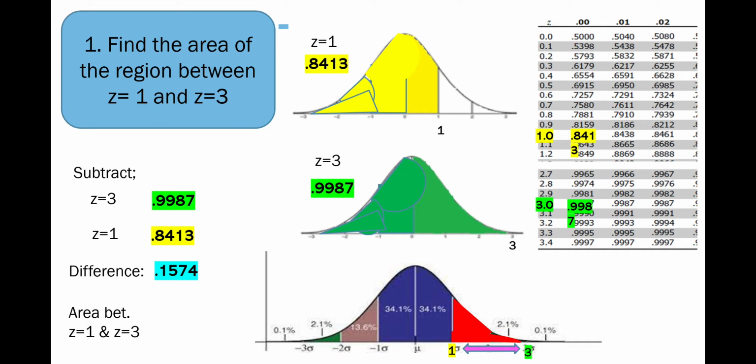Therefore, the area between z equal to 1 and z equal to 3 is 15.74%.